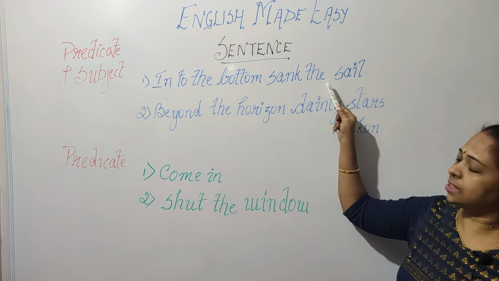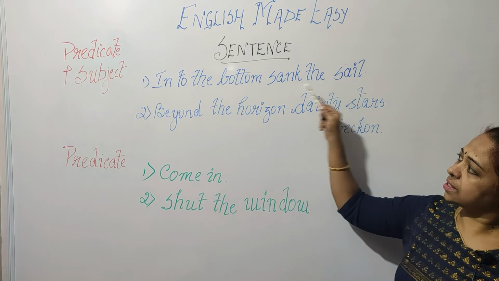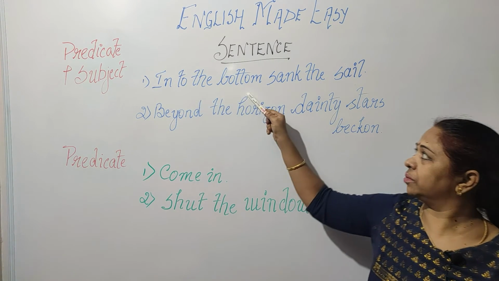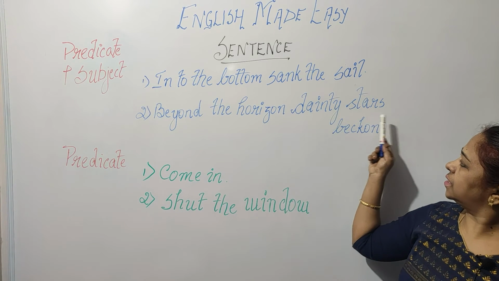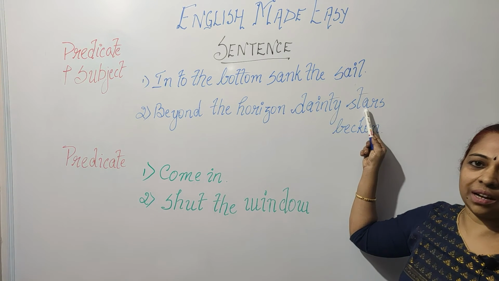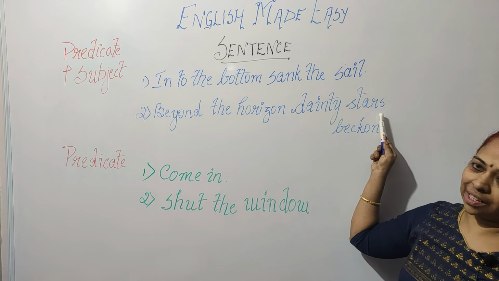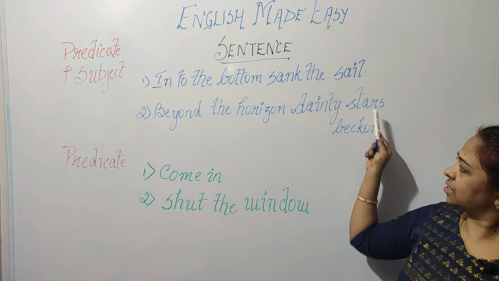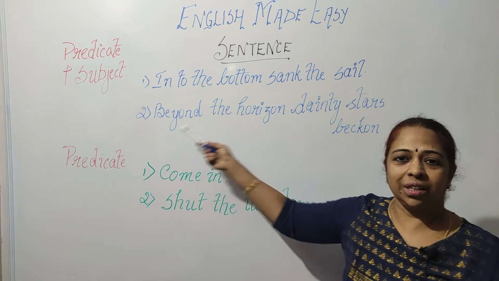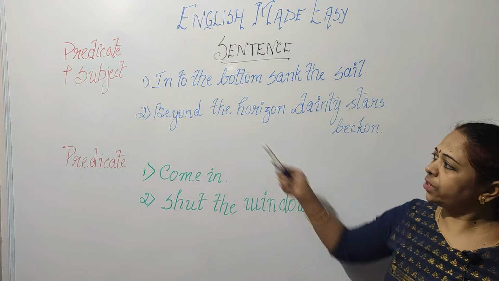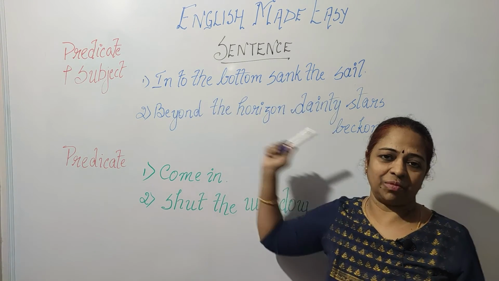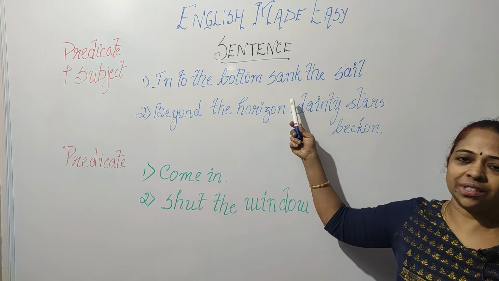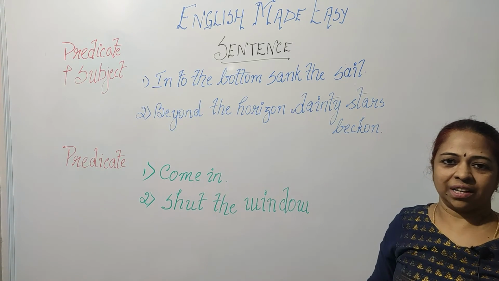Here the subject is the sail. The sail sank into the bottom. Over here in this sentence, the dainty stars, this is the subject. Dainty stars beckon beyond the horizon. So over here we see the predicate comes before the subject, and this is for emphasis or as a poetic phrase.